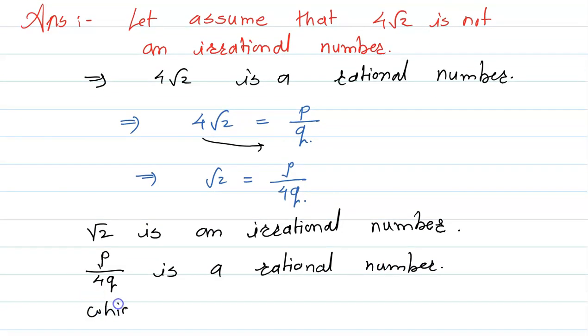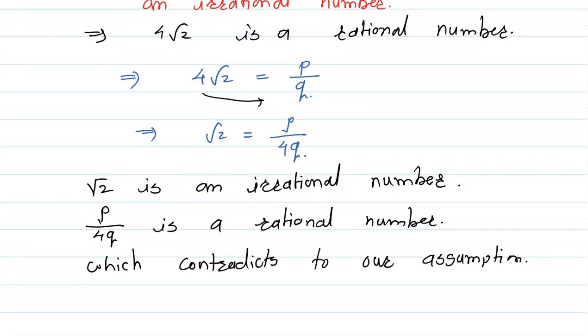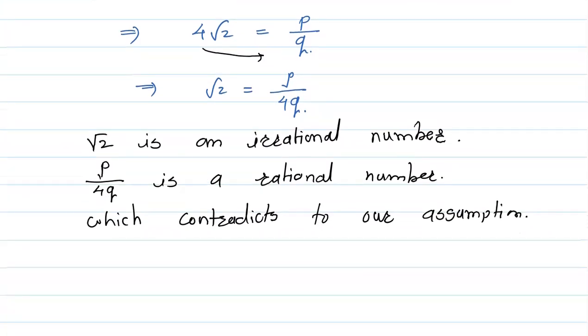Which contradicts our assumption. Our assumption is that 4 times root 2 is not an irrational number. So our assumption is wrong. Wrong means what? 4 times root 2 is not an irrational number, this is our assumption, and it is wrong.